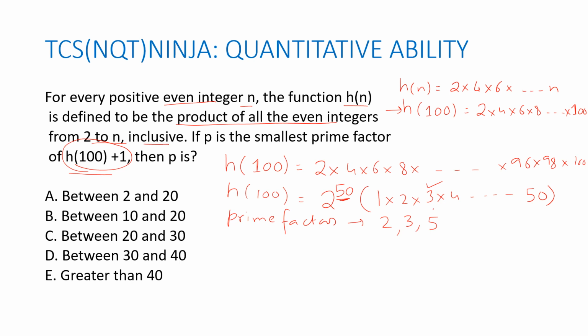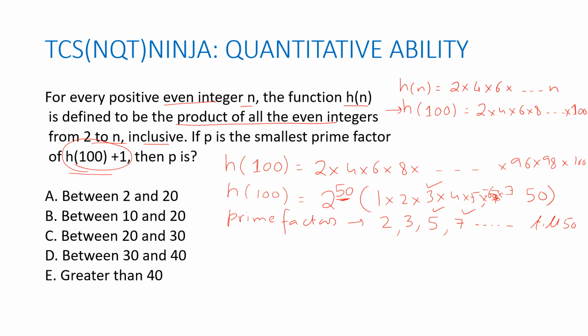Yes, it does have a 5 in it, somewhere over here. Then the next prime factor is going to be 7. It is going to have a 7 as well, somewhere after 6. So it is going to have all the prime factors till 50. So we made a little bit of sense with H100.